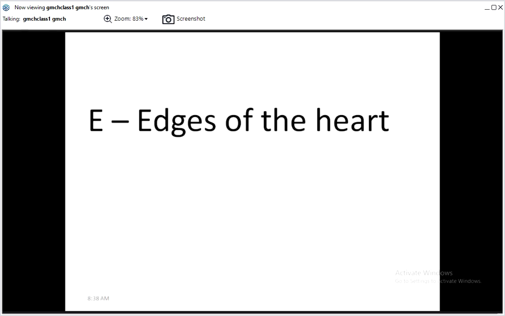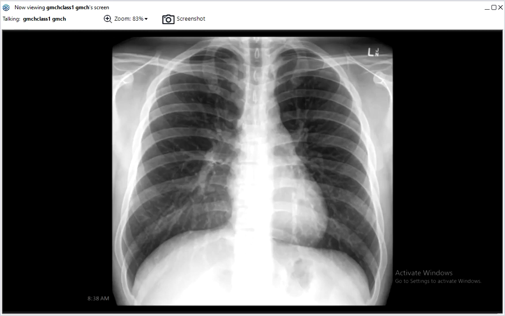Now another part after diaphragm: E stands for edges of the heart, as we have discussed. That is also a very important thing. Whenever you are interpreting an X-ray of the chest, this border is formed by the right atrium and SVC, and this is formed by the left ventricle, left atrium, pulmonary artery and aortic knuckle.